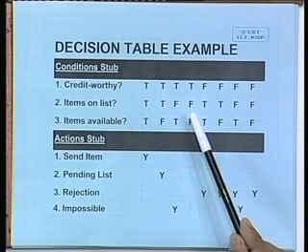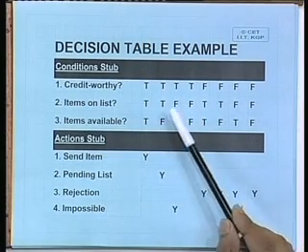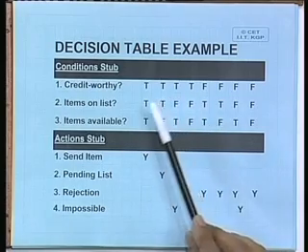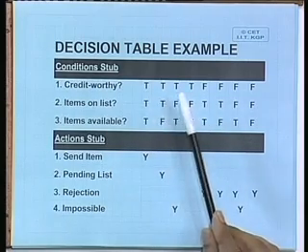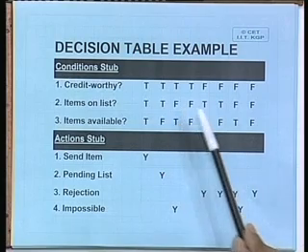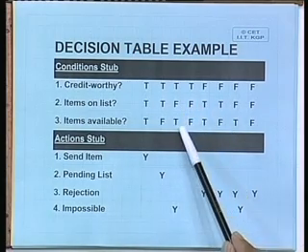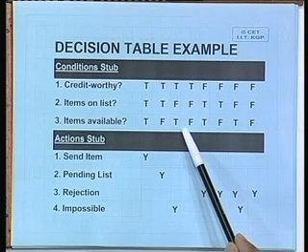There is some sort of impossibility. So there is some ambiguity under those conditions, because once it is credit worthy but items are not on list, it should show a rejection message, but unfortunately the item is available.